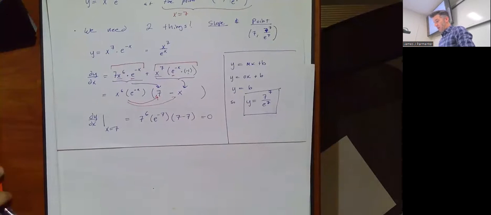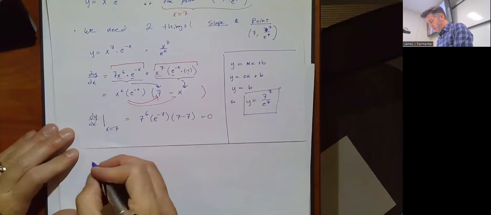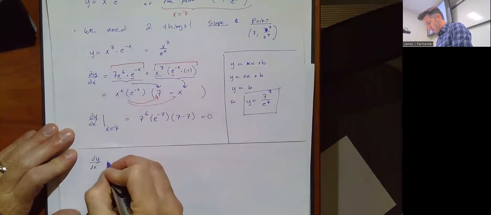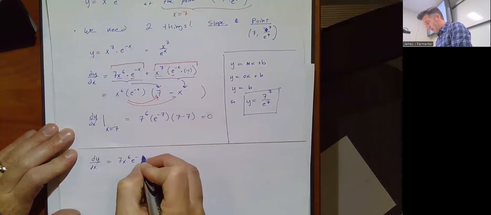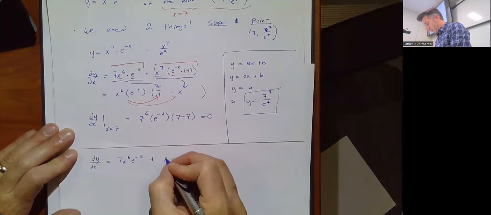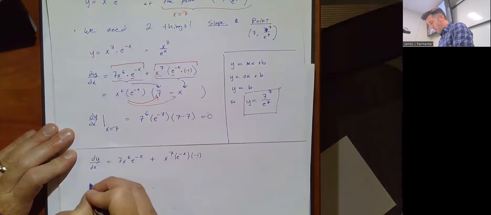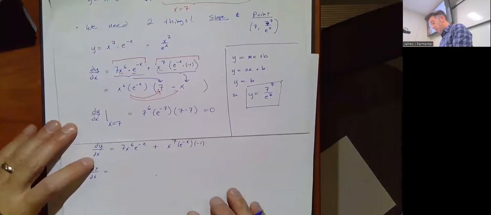If instead we had gone straight from the derivative equaling 7x to the 6th times e to the negative x plus x to the 7th times e to the negative x times -1, and we plug in 7 here, it's not impossible, but it is more challenging to see that we get 0.